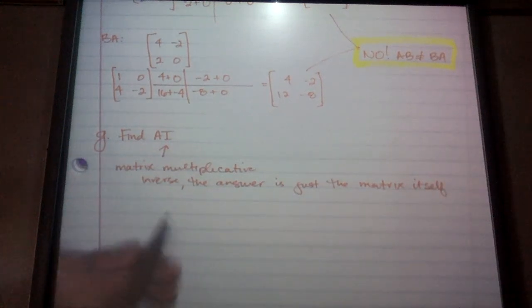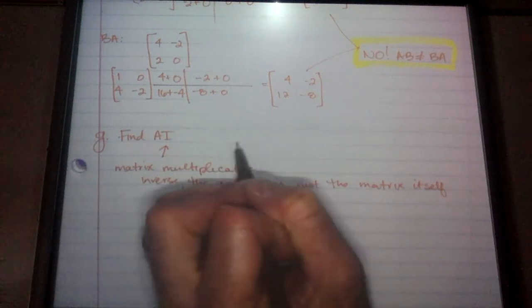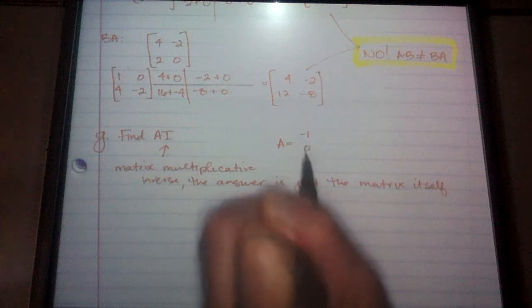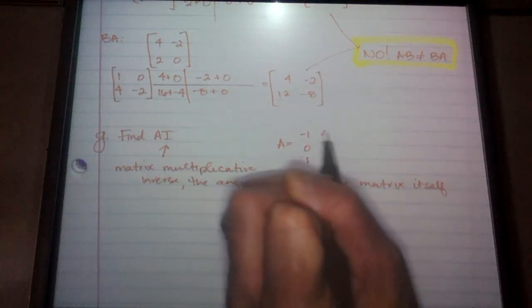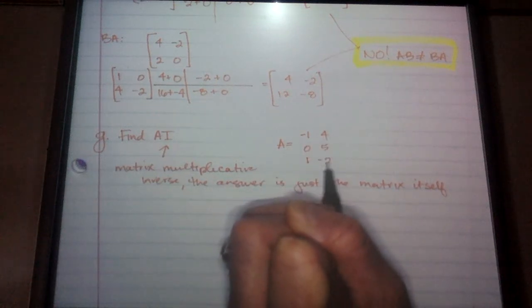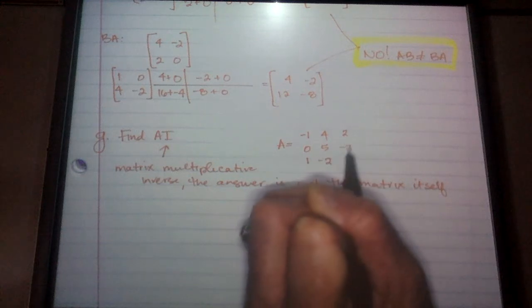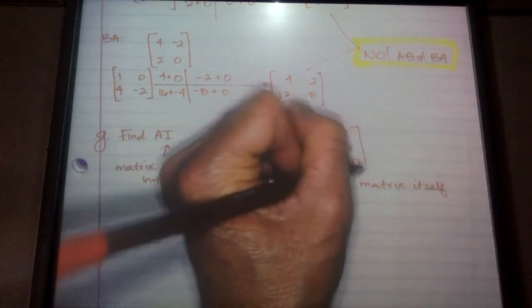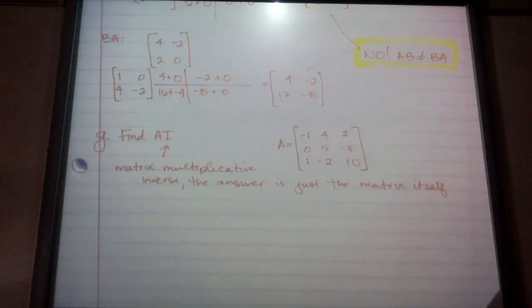So the answer is matrix A. So I would literally just write A. And they told me that A equals -1, 0, 1, 4, 5, -2, 2, -3, 10. So anytime they add I in there, the answer is just the matrix itself.